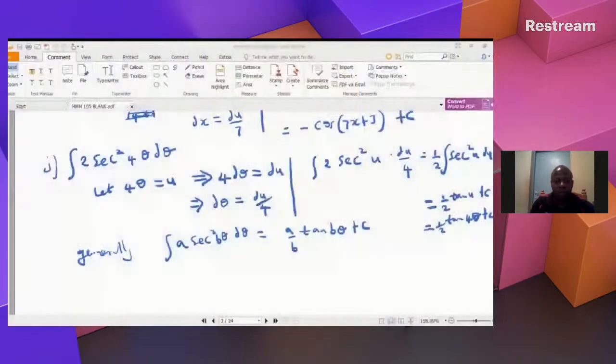So we've already looked at the basics, and those are what is very much important to us. So just look at the examples.